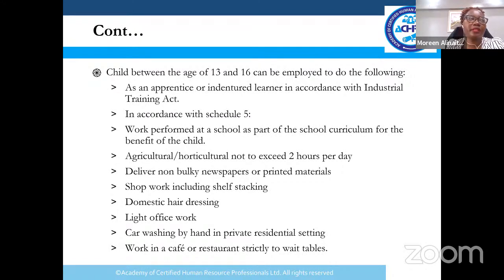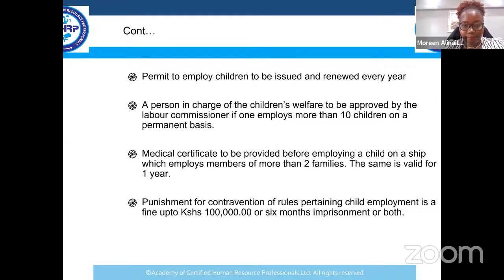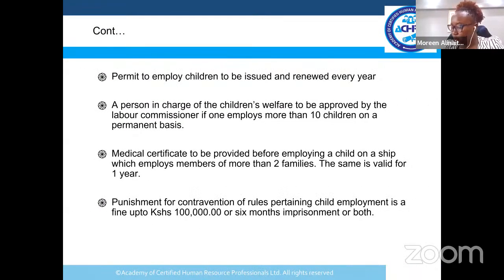Sometimes maybe you tell your child, wash my car and I'll give you 20 bob to encourage them. This they say you can do in a private residential setting. They can work in a cafe or restaurant strictly to wait on tables. Strictly to wait on tables. They cannot be involved in cooking and all that. So we move on.